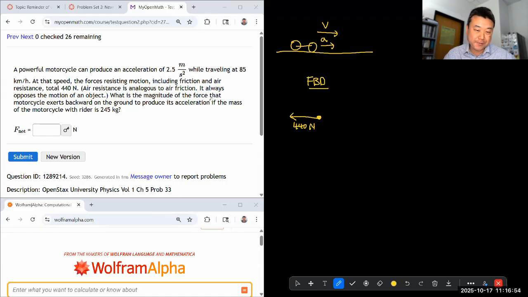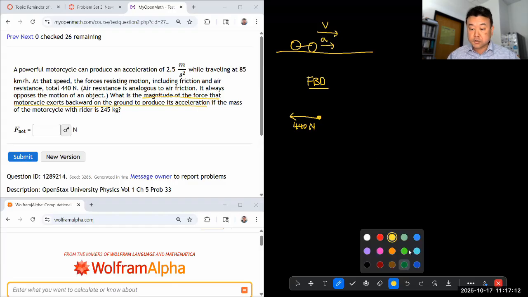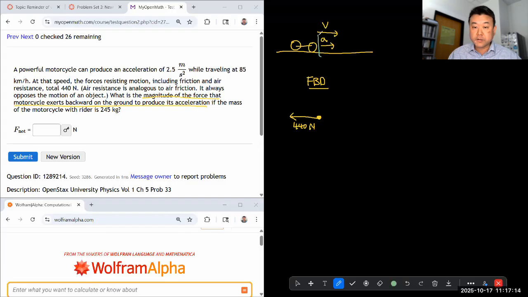What is the magnitude of the force that the motorcycle exerts backward on the ground? To understand the wording of this question: the motorcycle exerts a force backward on the ground to produce its acceleration. For the motorcycle to be accelerating forward, there must be a net force in the forward, rightward direction.